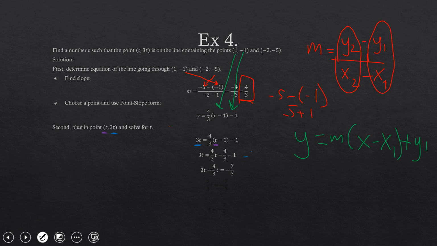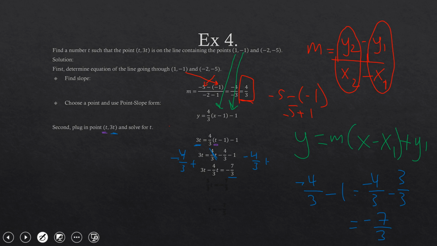So minus 4/3 t from both sides, and that's going to cancel with this guy, and we can combine the -4/3 and minus 1, so minus 4/3 minus 3/3, which is just -7/3. Okay, and so there's our -7/3 right there.